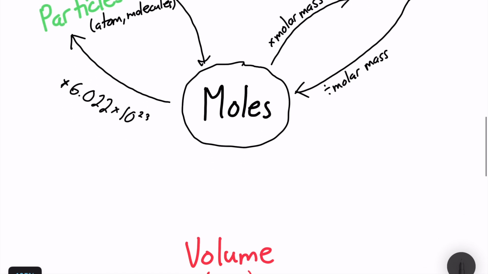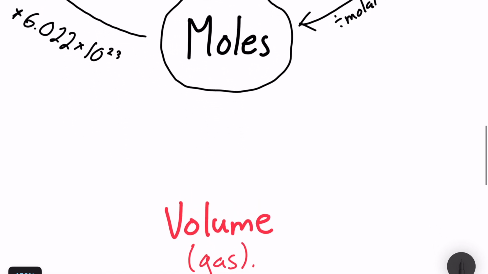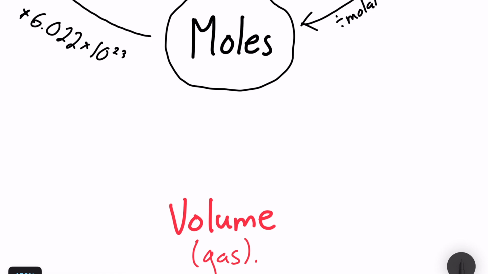The last one we're going to look at is going from moles to volume of a gas. So if you want to go from moles to volume of a gas, you are going to have to multiply by 22.4 liters, because what was discovered is that for every 22.4 liters of a gas, that is equal to 1 mole of that gas.